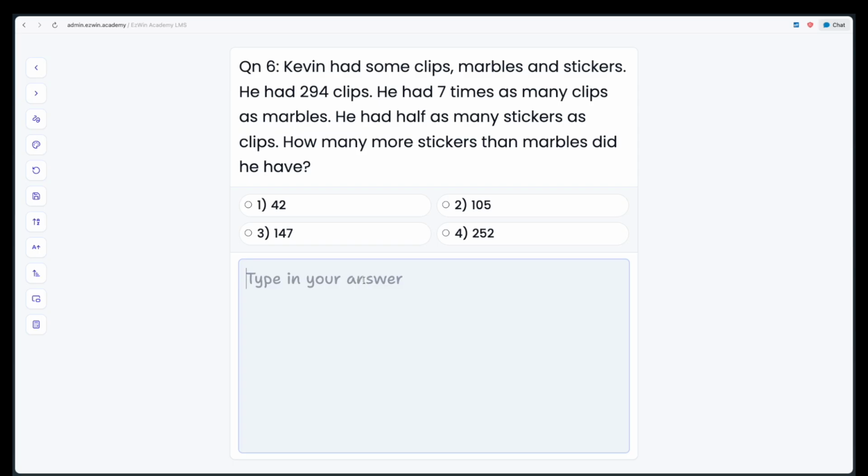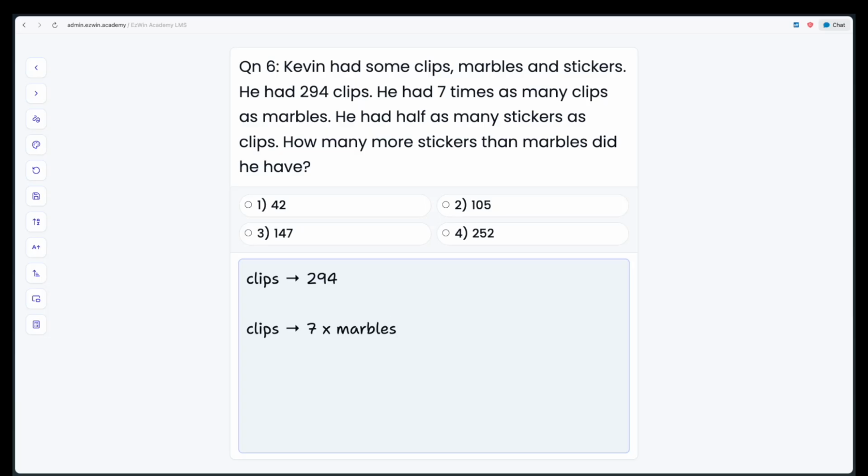So let's write down what we know. Clips is equal to 294. So the next statement says, he had 7 times as many clips as marbles. So clips is equal to 7 times marbles.